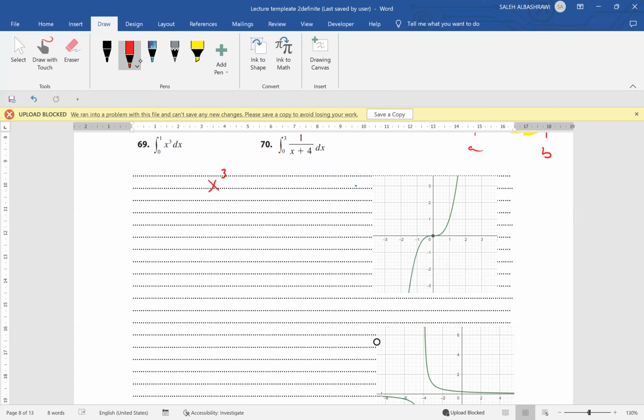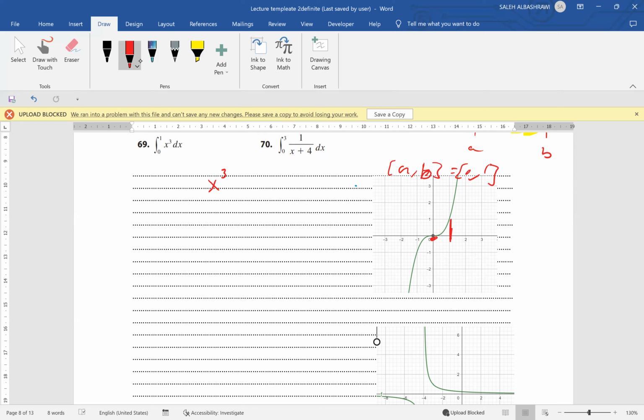Since it's continuous, and the interval from 0 to 1 is a closed interval, I have my interval [a, b] equal to [0, 1]. We have a continuous function defined on a closed interval, which means it has an absolute minimum and an absolute maximum.